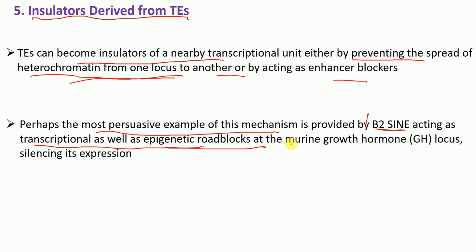So it acts as an insulator for this murine growth hormone and silences its expression. So the example of transposable elements functioning as insulators is the case of B2 SINE, which acts as a transcriptional as well as epigenetic roadblock at the murine growth hormone locus and silences its expression.